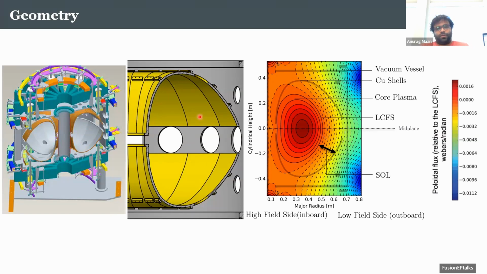This is because we wanted to use lithium as a plasma facing component. And the way to do that was to evaporatively coat these liners with lithium, but copper and lithium are bad combinations. So there was a need to line these with stainless steel. Copper for conductivity, stainless steel for lithium.